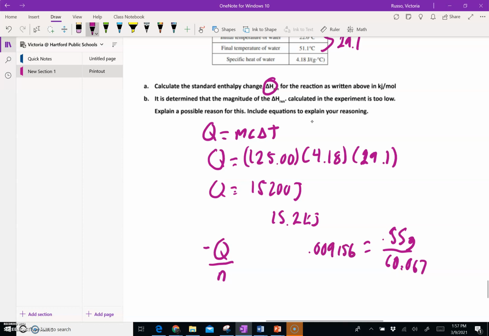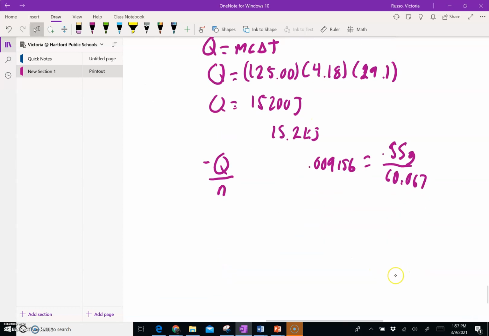And when you button press this answer, you get somewhere around 0.009156. So now we have the moles, and we have the heat. So we put in the negative of the heat, because again, the heat was released. That means the reaction is exothermic, and delta H needs to be negative. So delta H is the negative heat divided by the moles, which was 0.009156. And again, this is the moles not of the water, but of the thing that's reacting underneath the beaker.